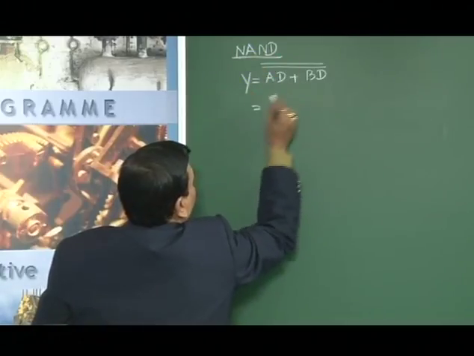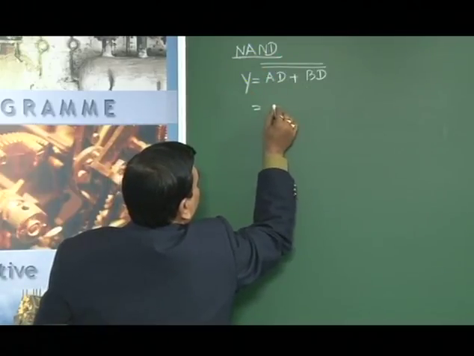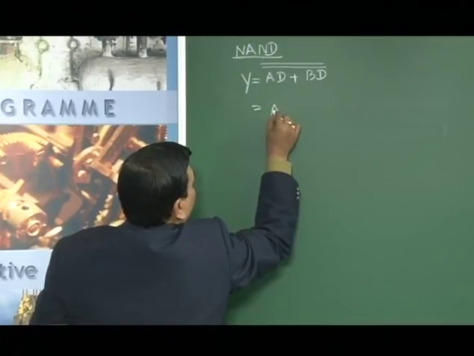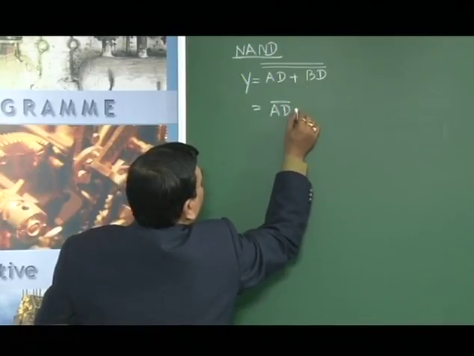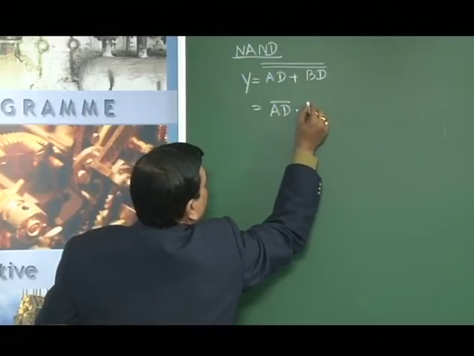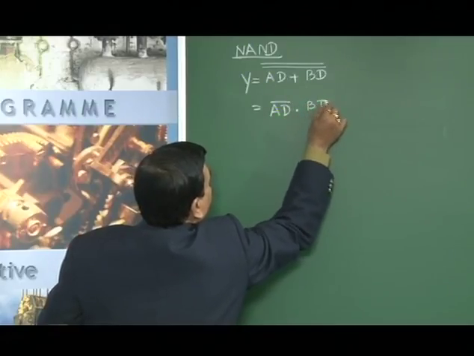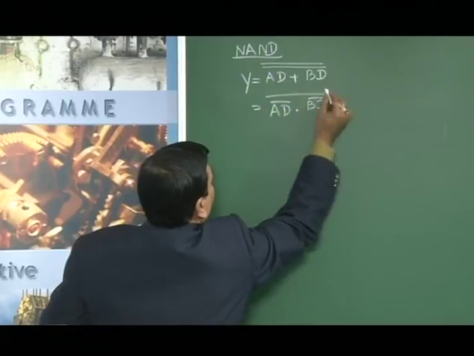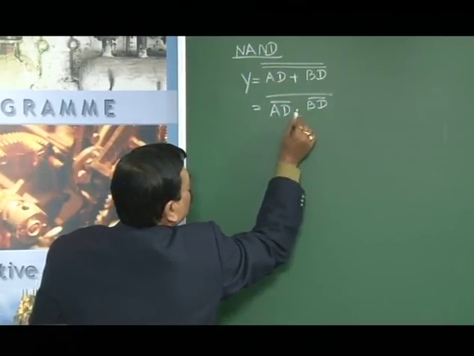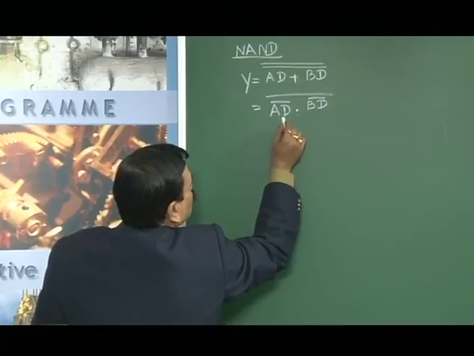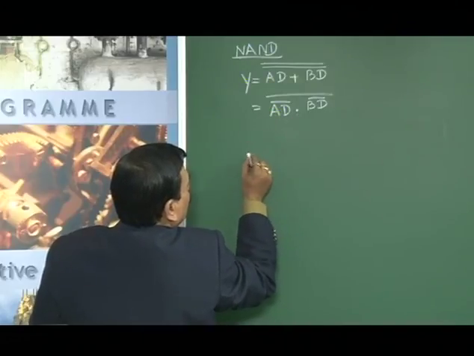After complementing this, by using De Morgan's theorem, this can be split into AD bar, instead of this plus it becomes dot, and BD bar, this whole bar. So with the NAND implementation, it is possible for us to do this. How is it possible? Let us see.